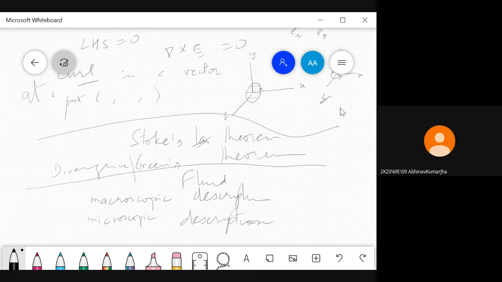So macroscopic like mass, volume, pressure, temperature, viscosity. Those are macroscopic properties. Microscopic? Sir, kinetic energy of particles. Yes. Sir, molality. So anything which happens at atomic level.